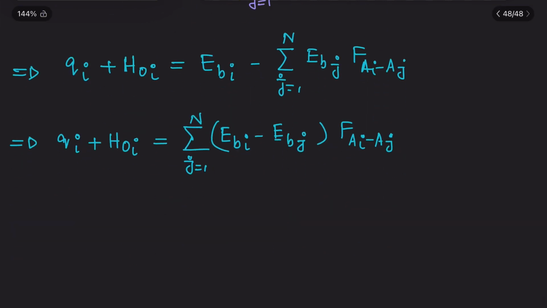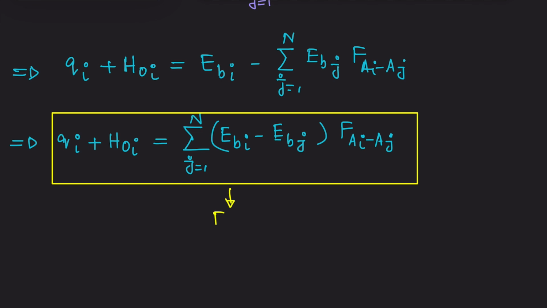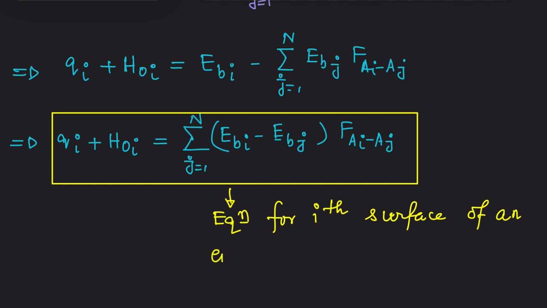Okay, so this is the equation for a black enclosure. This is the equation for ith surface of an enclosure having black surfaces.